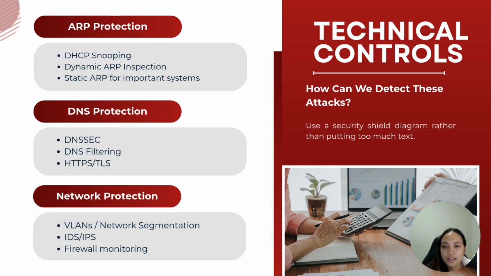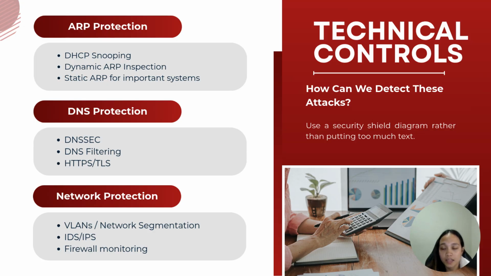The next one is technical controls. Several controls can reduce the risk of these attacks. For ARP poisoning, DHCP snooping and dynamic ARP inspection can help block fake ARP information. For DNS poisoning, DNSSEC can help verify DNS responses, while DNS filtering can block malicious domains.